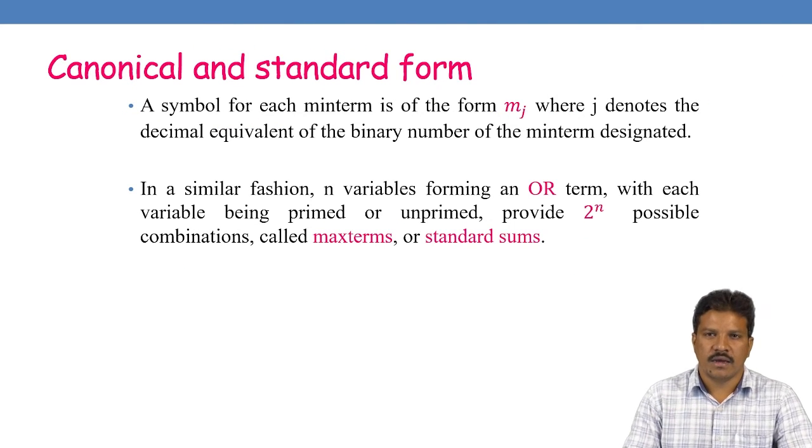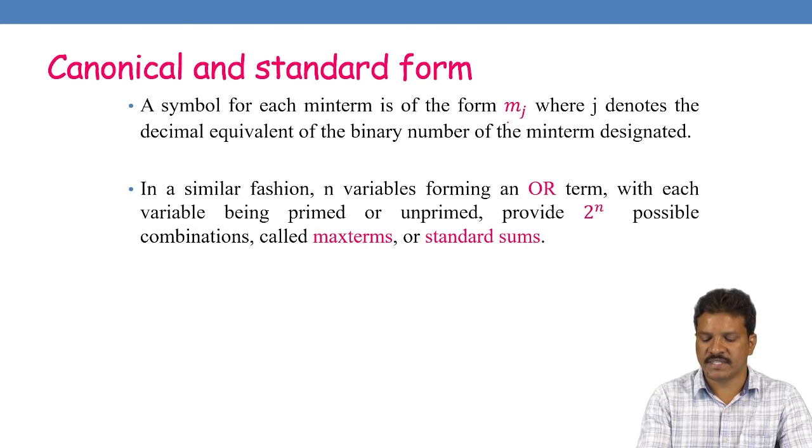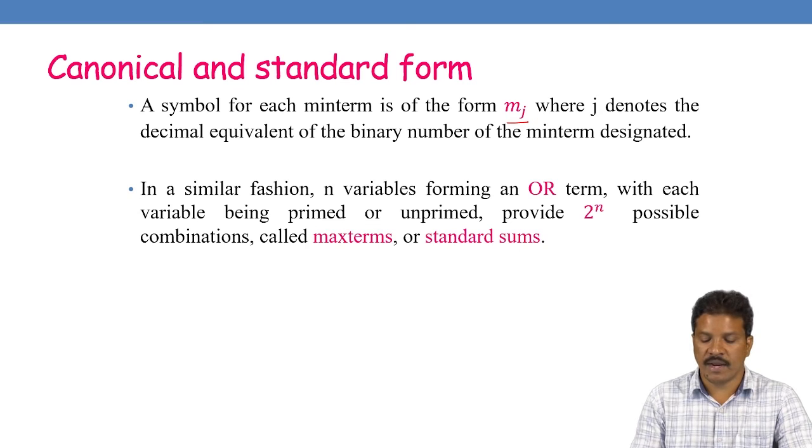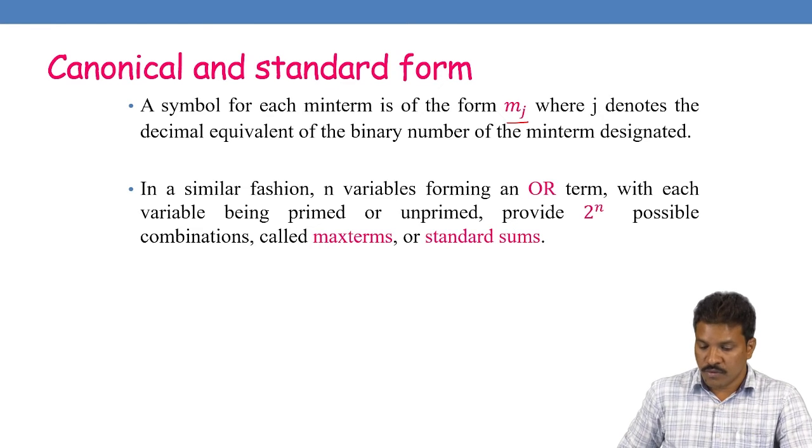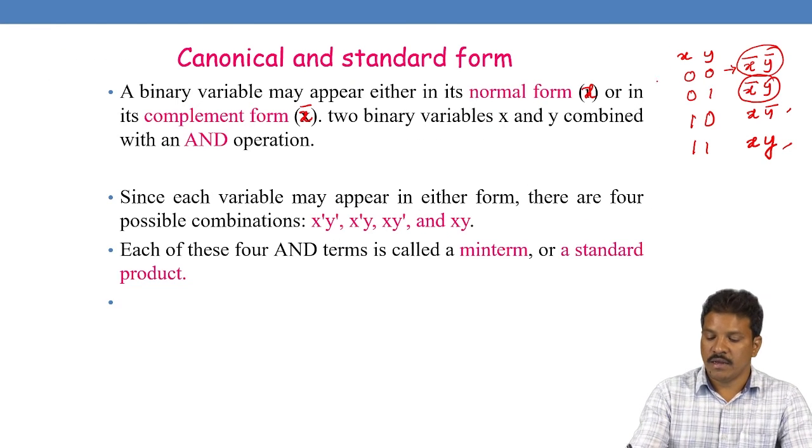Similarly, a symbol for each min term is of the form m suffix j, where j denotes the decimal equivalent of the binary number of the min term designated. If you see here, they are represented with the min terms m j.